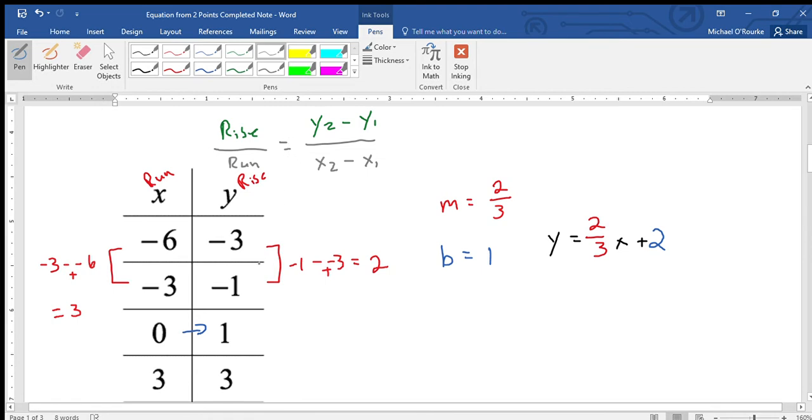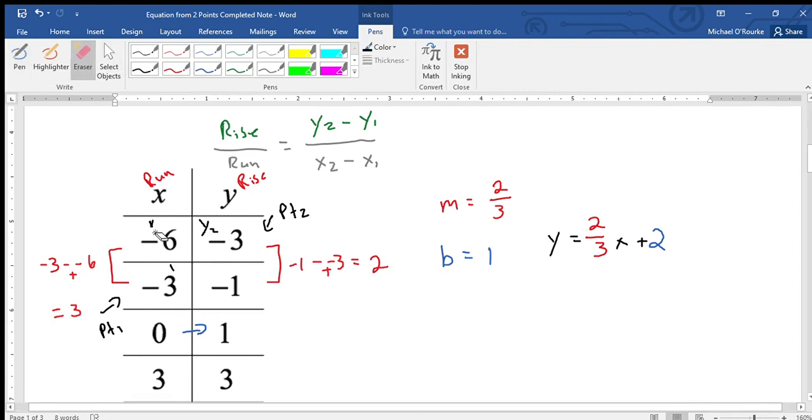So if we take a look at what we did here, I'm just going to label these 2 points. This is point 1, and this here would be point 2. Then I'm going to say, okay, this is x2, this is y2, oops, I did that wrong.